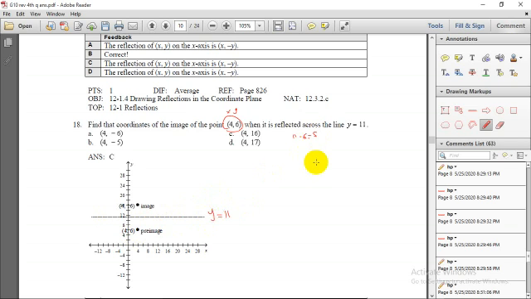Very good. What am I going to do? I'm going to add this 5 units to my y. Add it to your y.